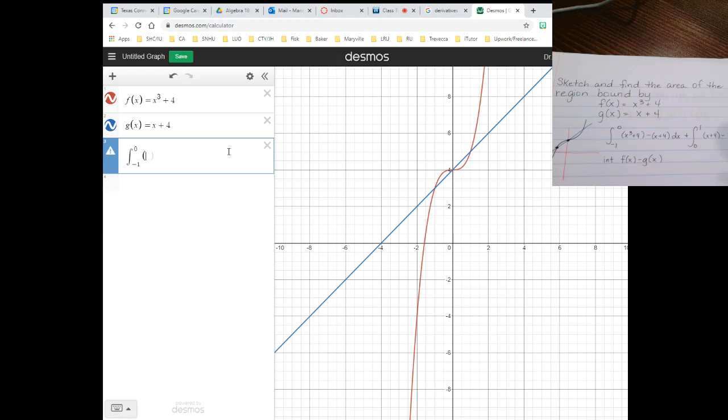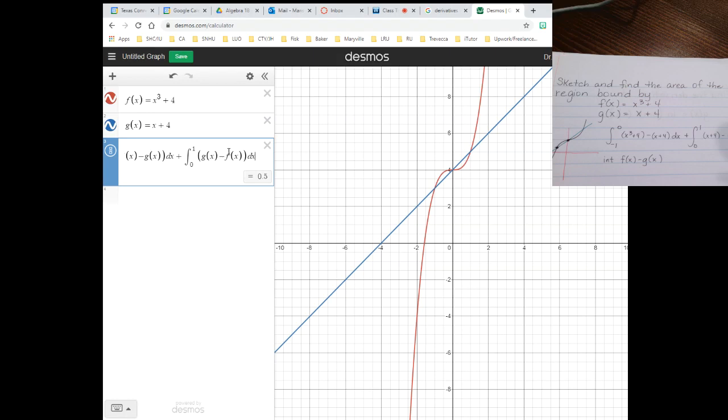And then notice in here I'm doing f of x minus, oops, not equal, minus g of x. Close your parentheses, then your dx, and then add and do your integral from 0 to 1. This time we're doing g of x minus f of x dx.